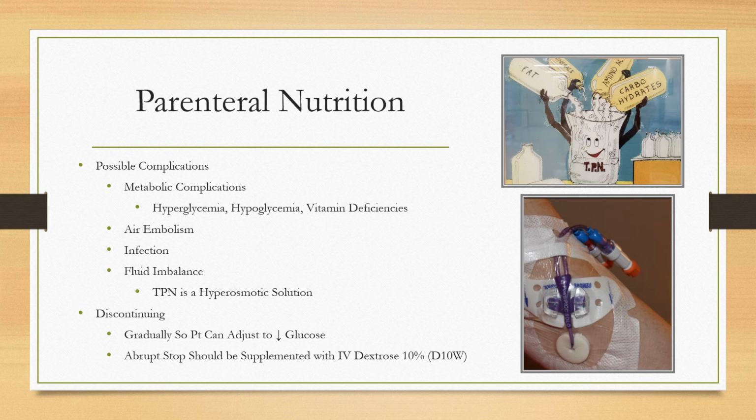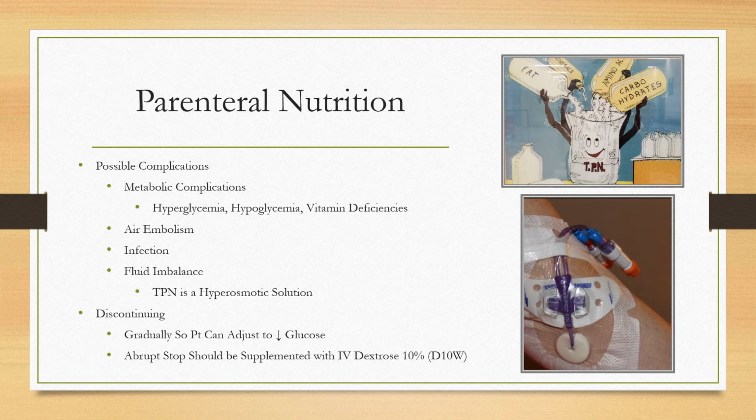Okay, in terms of discontinuing the TPN, this has to be done very gradually. Because if we slow down the TPN too abruptly, the sugar will stop being administered into the body, but the insulin will still be at a high level in the body and lead to hypoglycemia.